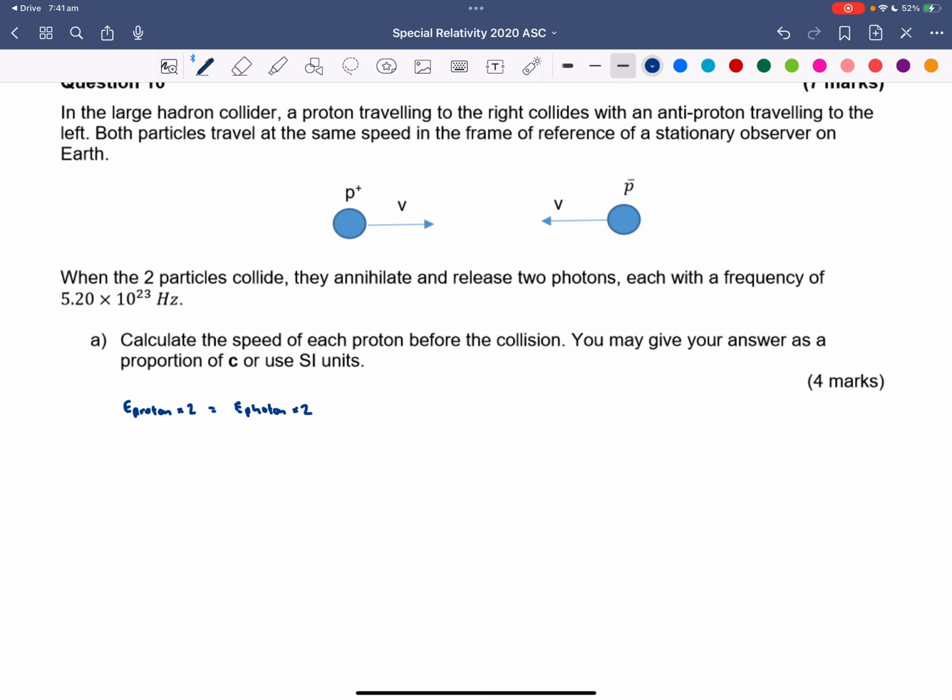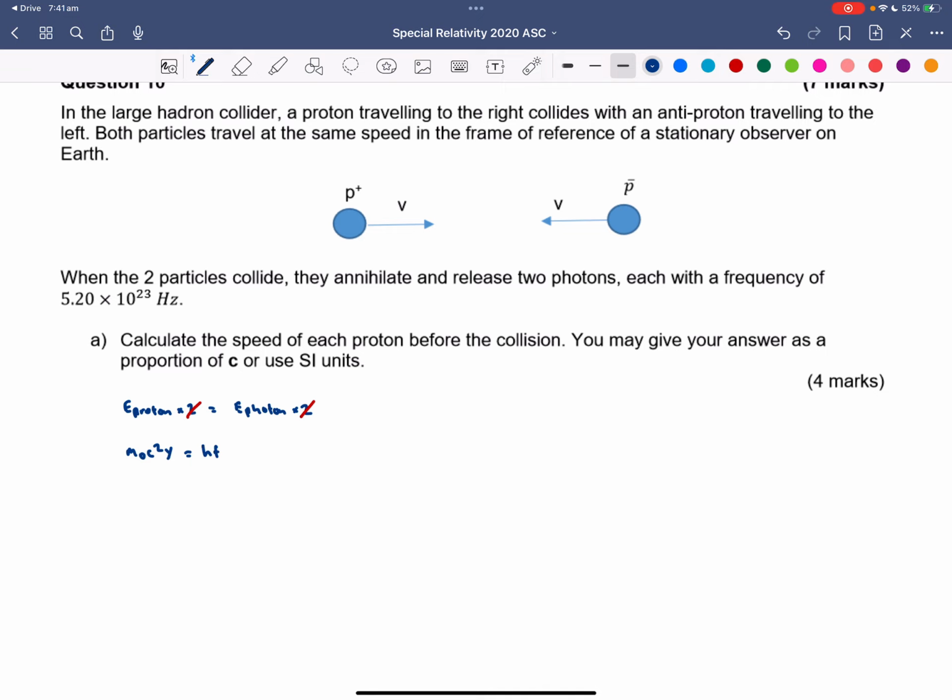So then the times 2 just cancels out. So effectively what we have is energy of the proton equals energy of the photon. Now, what's the formula for energy of a proton? When I say energy of a proton, I mean total energy. And the formula for total energy, we already agreed, is m0c squared times Lorentz. You don't have to write the 0. Energy of the photon is hf.